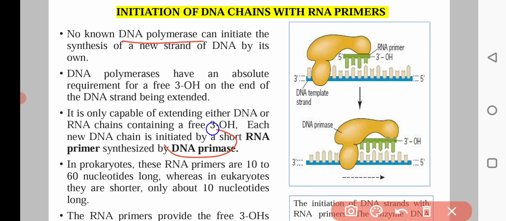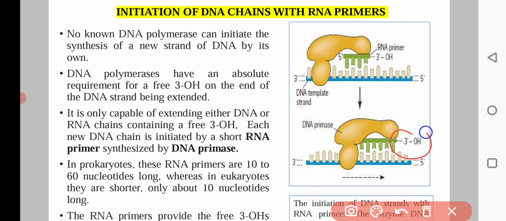First of all, the DNA primase enzyme will come and start synthesizing one strand in the direction 5' to 3'. So this is the 5' end, and this enzyme is synthesizing this small DNA strand, which is known as the RNA primer. These primers have a free 3' OH group.